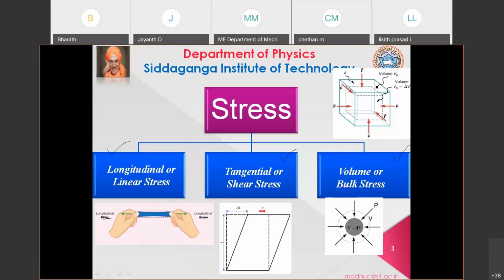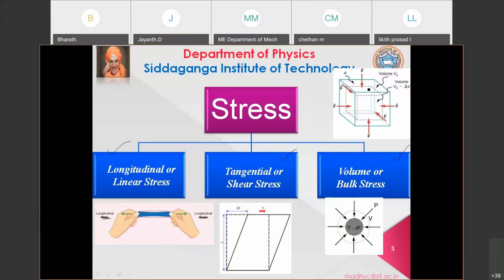Even if I take a cube and apply force from all the sides, I need to apply it on all six, and it has to be a uniform force. I cannot apply more force here and less force here, otherwise it will have uneven deformation. Let us assume it is a uniform force on all six sides.